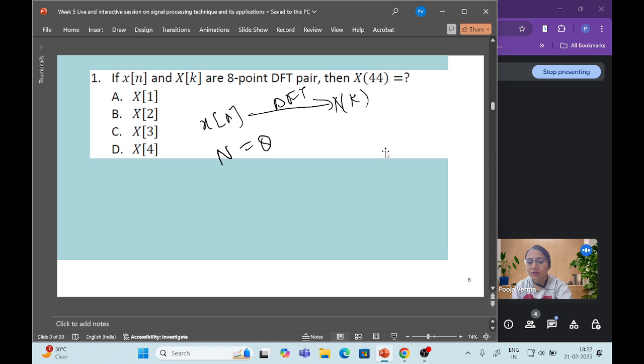So the DFT is periodic with period equal to the number of points in the transform.